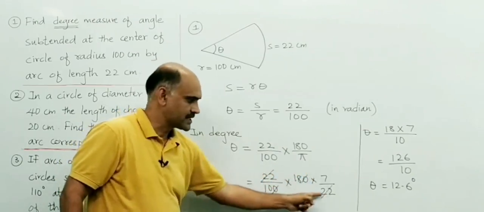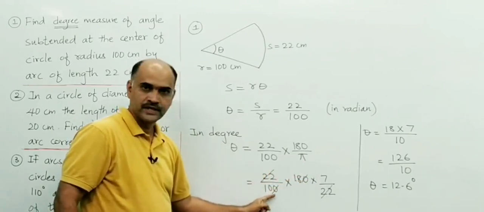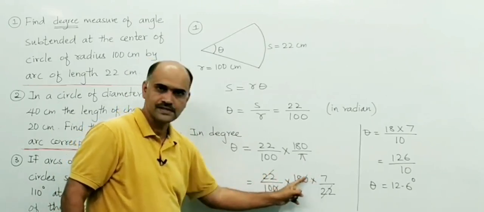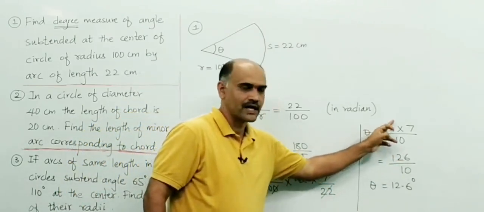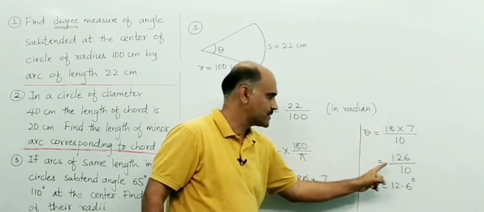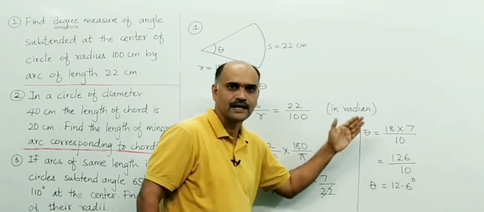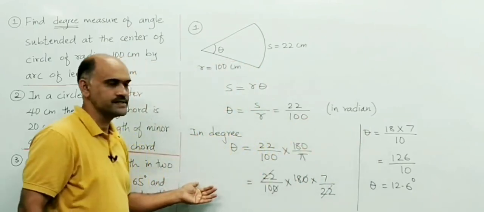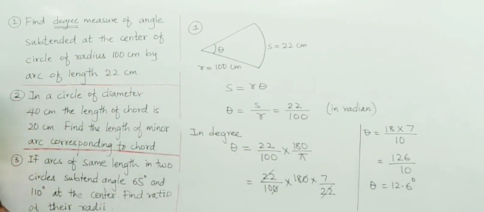This 22 gets cancelled, and then 18 into 7. 7 8s are 56, 5 will be carry, 7 1s are 7, 7 plus 5, 12. So you will have the answer, or you may even use a calculator over here. Clear, students? You can pause, solve this problem, and then we will go for the second one.